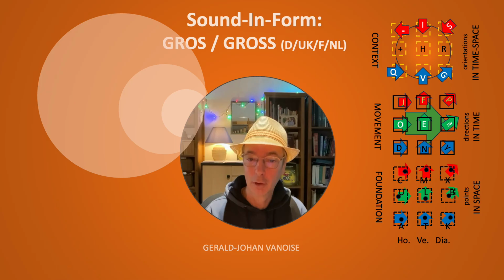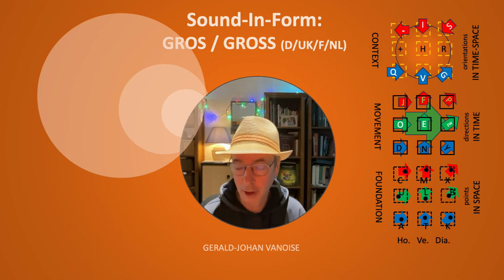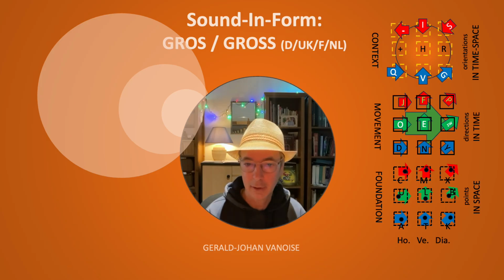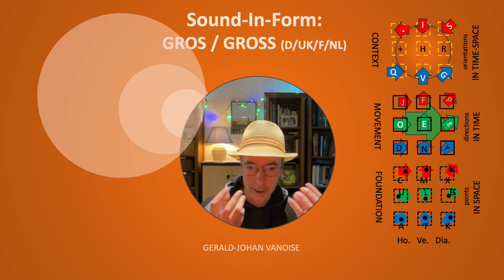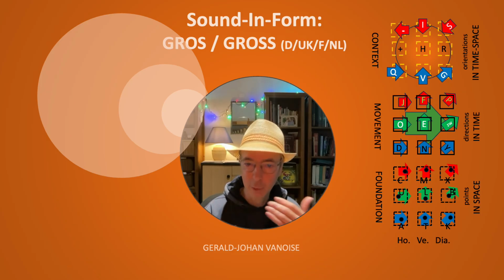You have le gros in French, which is also big. And in Dutch, you have het gros, which means the majority. There are variations, but these also use the same structure, the same structural image which imprints in our brain and which is used for the associations to build around it.